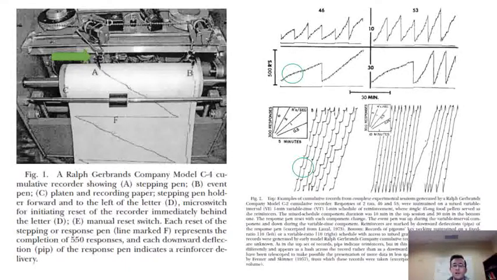Number three, when the pen reached the top of the page, it reset by returning to its original position at the bottom of the page. And that's what this arrow is pointing to. As time is passing and the session is ongoing and the organism is responding, the paper is rolling downward and the pen is moving along, recording the organism's responses, and when it reaches the top of the page, it resets back to the bottom and then goes up, up, up with each response.